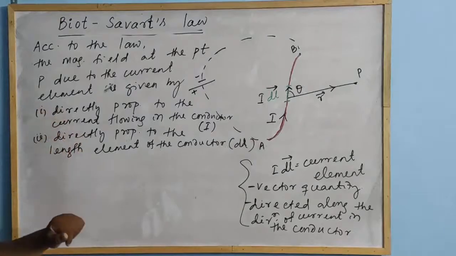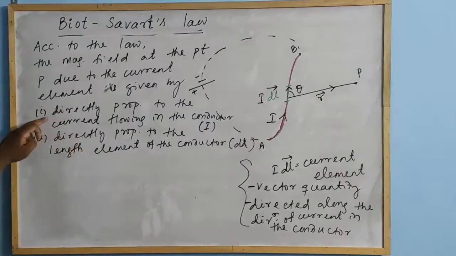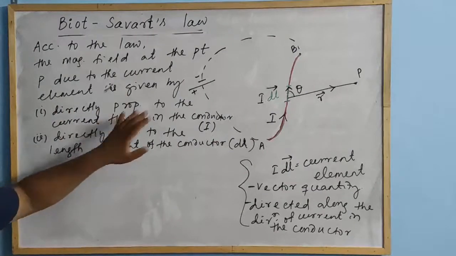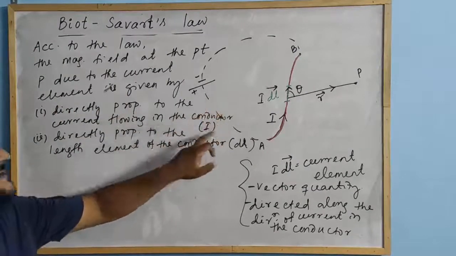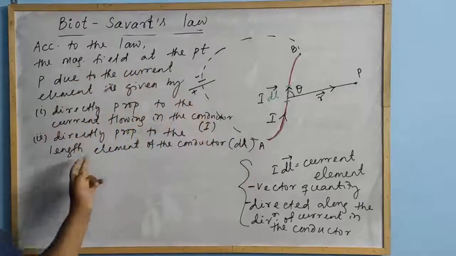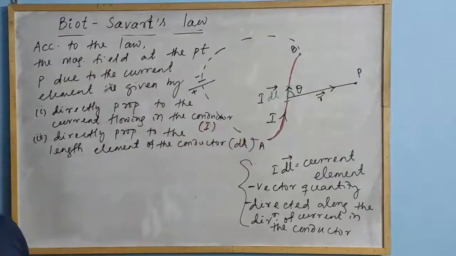We can combine these: directly proportional to the current element of the conductor, that is I into dl. I am taking the magnitude form. I am not considering direction. The direction part I will do in a later step.